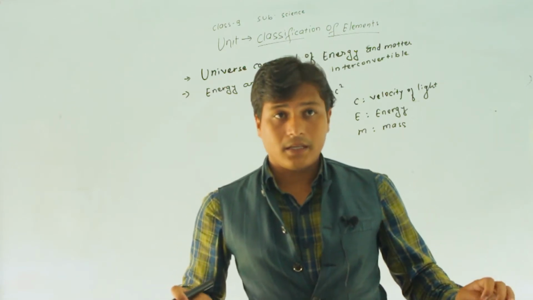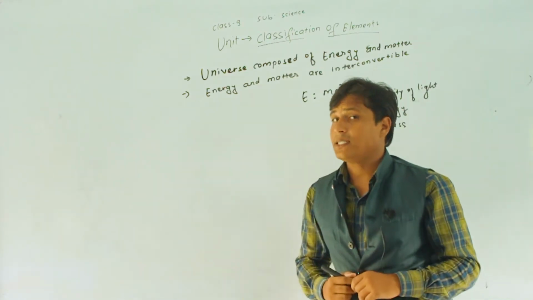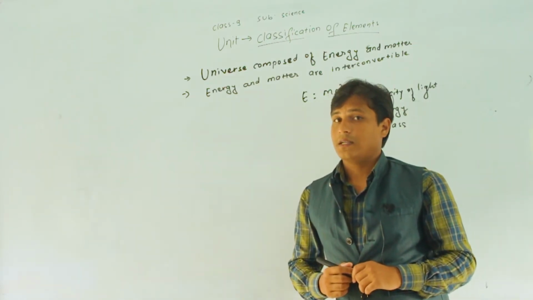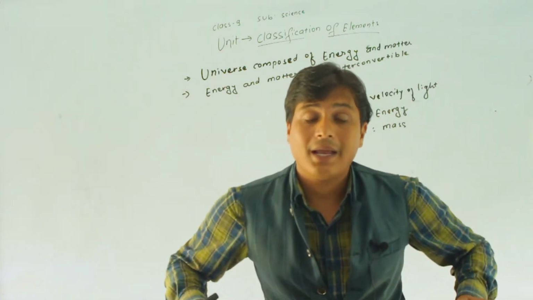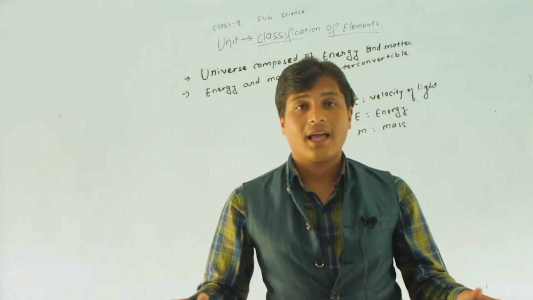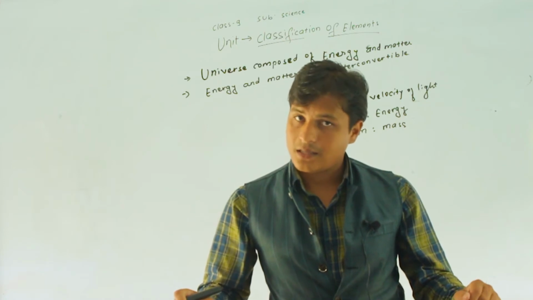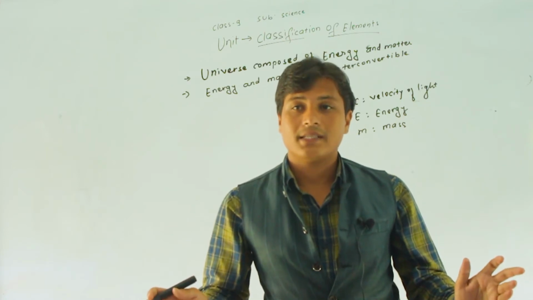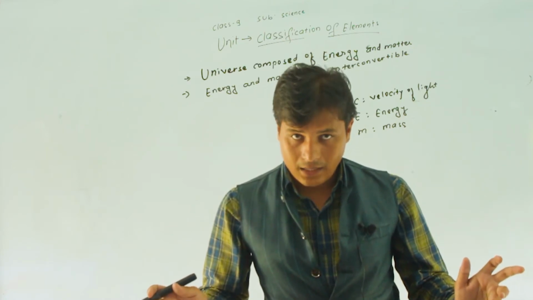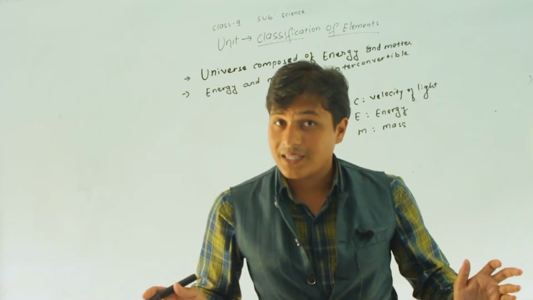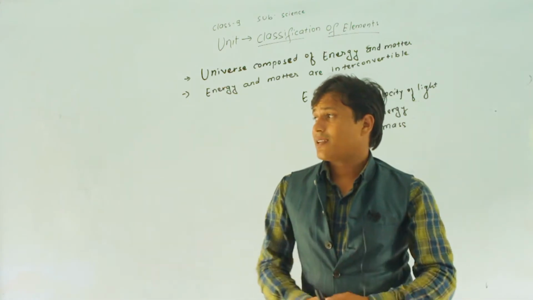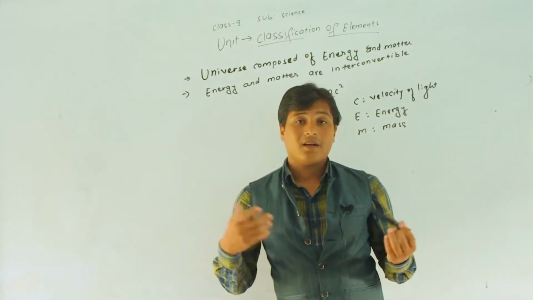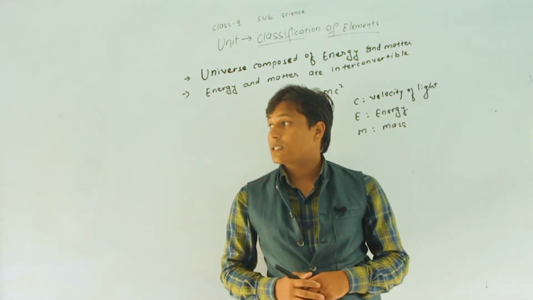Now I come to the point of matter. What is matter? Matter is anything that has mass, volume, density, and weight. Anything that has mass means a quantity of matter is present.